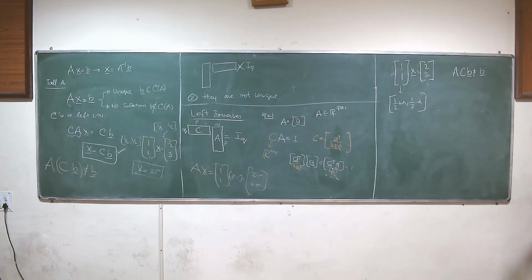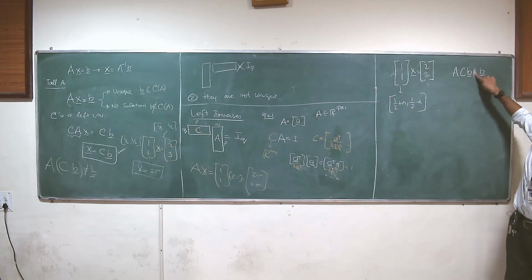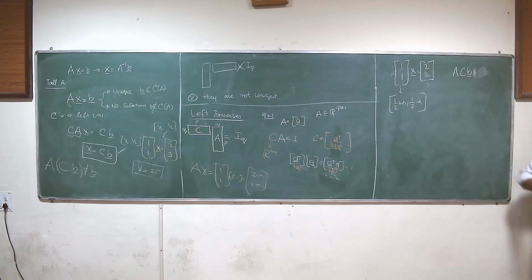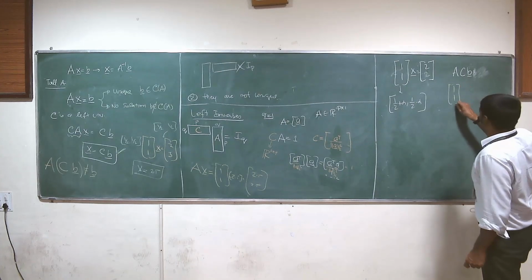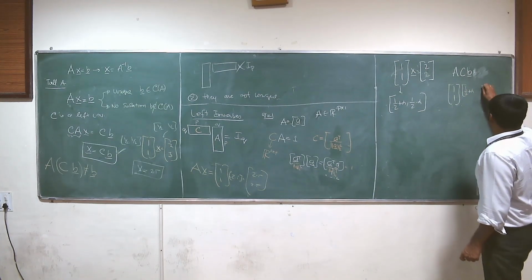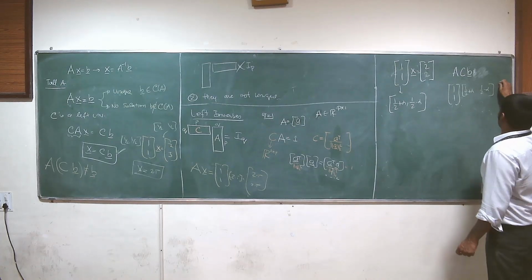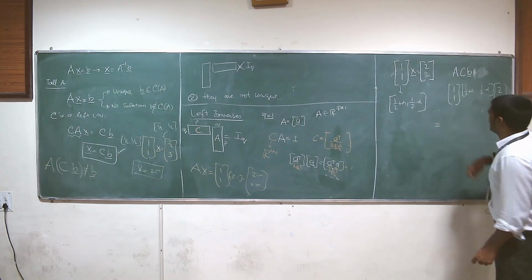Now tell me what happens if you take any left inverse. Is this satisfied? What do you get when you do this? Well, you have 1, 1, multiplied by half plus alpha, half minus alpha, multiplied by your 2, 2. Tell me what you get.